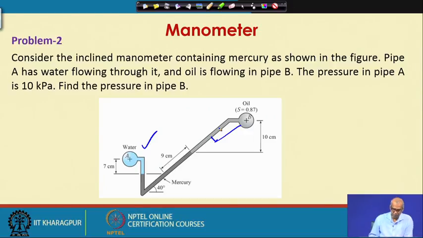Find the pressure in pipe B. Also consider the dimensions that are shown, the numbers that are put in the figure.